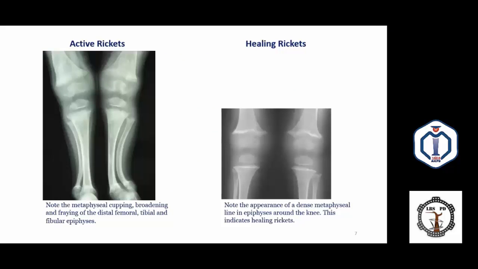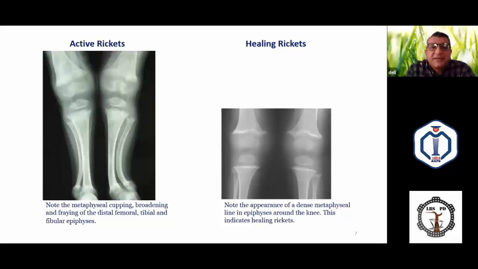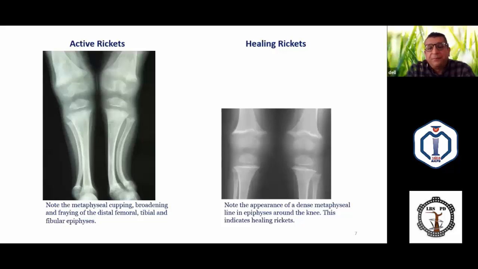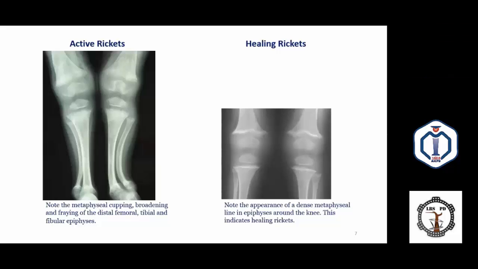These are examples of the various stages of rickets you will commonly see, and mostly you would have seen in your daily practice. For example, here is a demonstration of active rickets, a classic example. You can see around the epiphyses, around the knee and around the ankle, there is cupping.